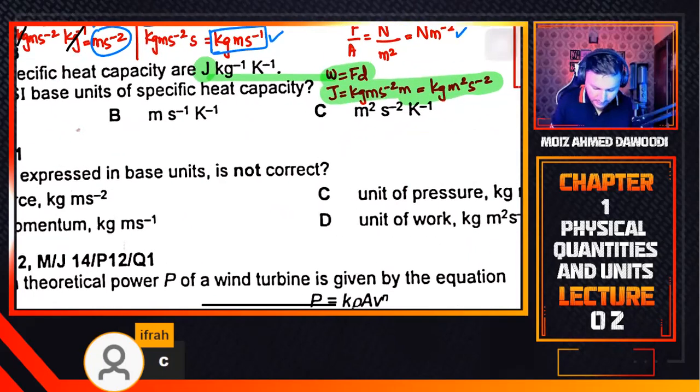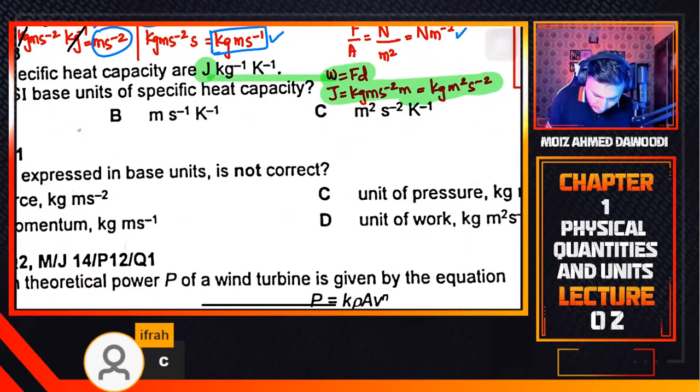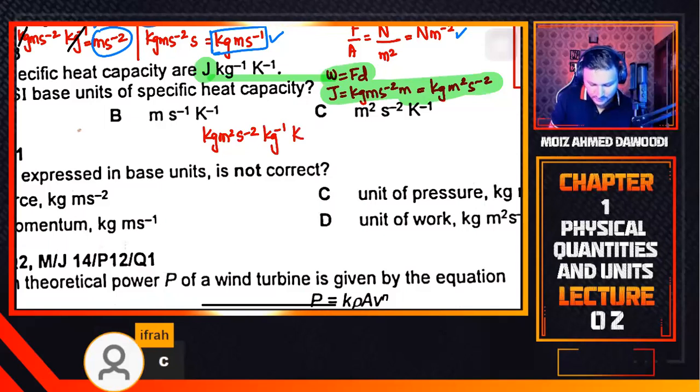Now आगे बढ़ते हैं. For Joule we wrote kg m square s minus 2. kg inverse, Kelvin inverse. So kg inverse kg are cancelled out, and we are left with meter square s minus 2 k minus 1.